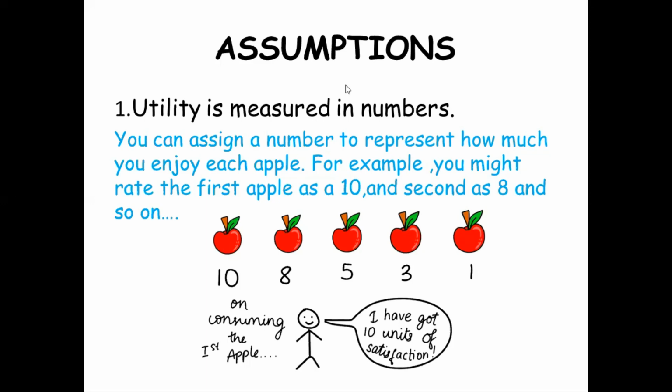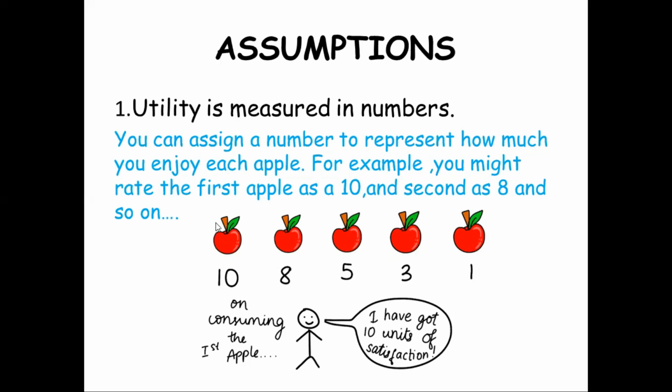The same way, the utility, the amount of satisfaction, is put down into numbers so that we can analyze his behavior. As you can see, the first apple he gets a utility of 10, on the second he gets 8, and on the third 5, and so on. So satisfaction is being measured in numbers.